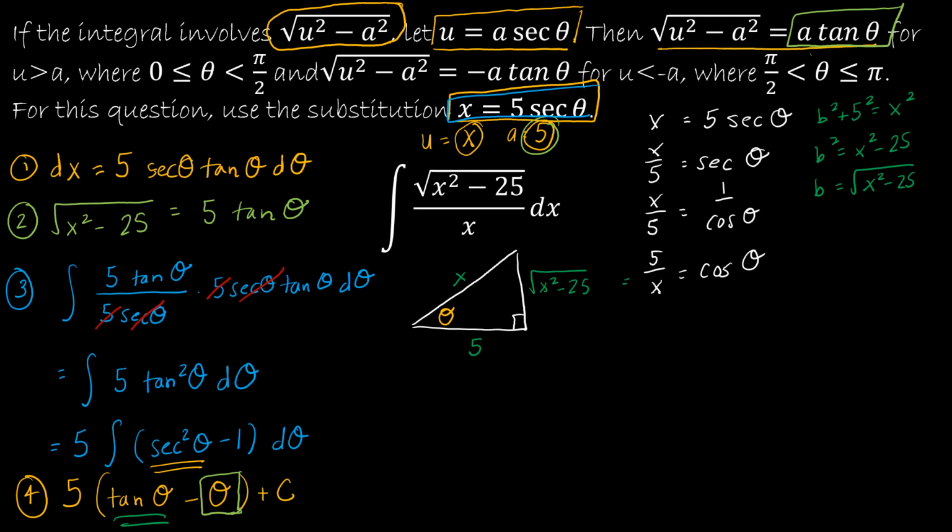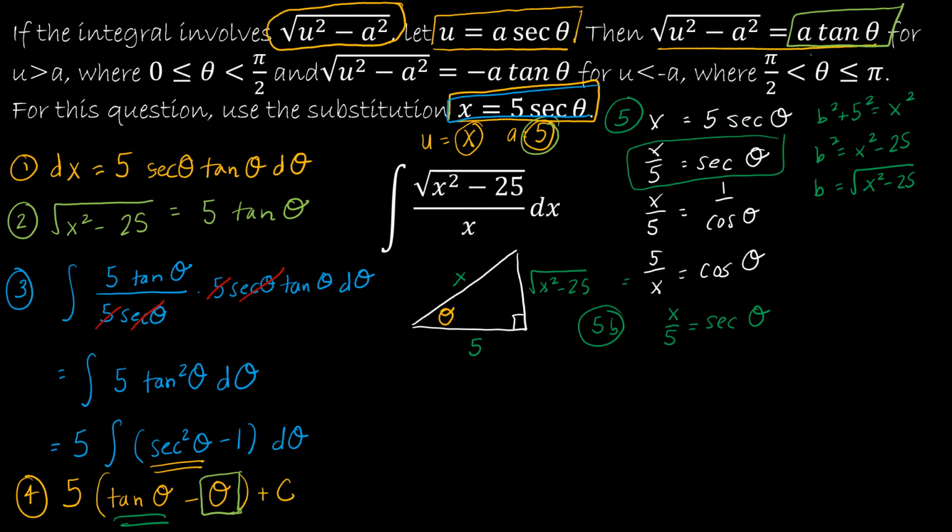Now, before I can finish this up, obviously this was step 5, we can call this step 5b. Step 5b is that I have to solve for theta. So I'm going to use what I had here. x over 5 is equal to secant of theta, and if I need to isolate theta, how would I do that?